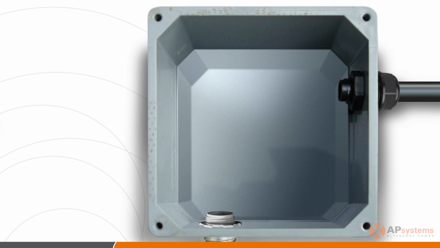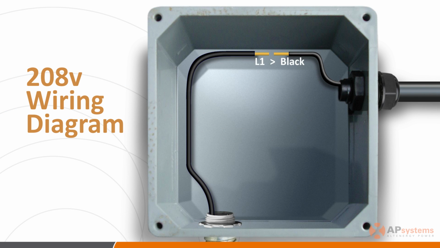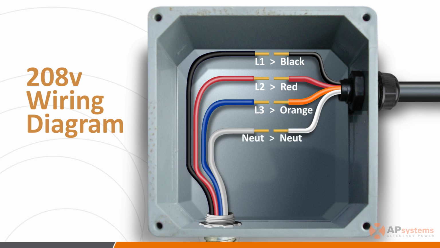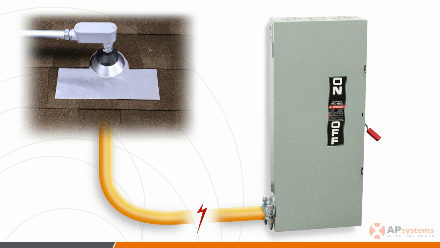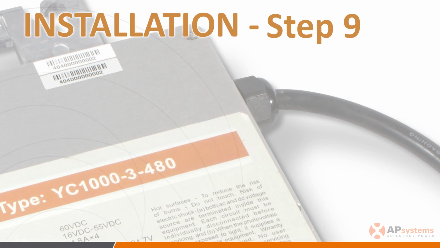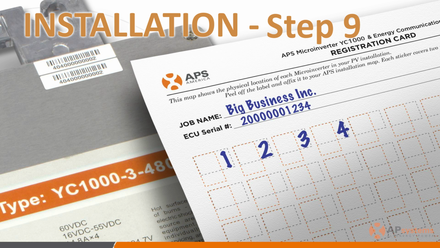The 208-volt connections are L1 to black, L2 to red, L3 to orange, neutral to white, and ground to green. Finally, connect the AC branch circuit box to the point where the system connects to the utility grid. Step 9. Pull the UID stickers from the inverters and transfer to the site map.